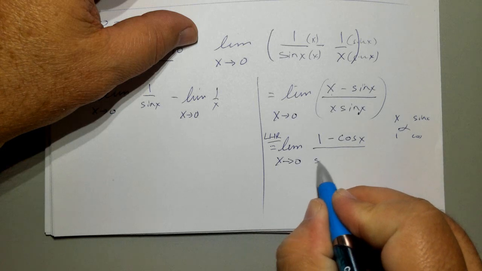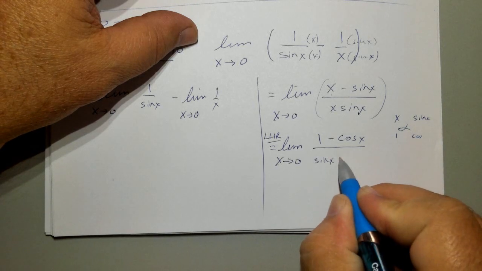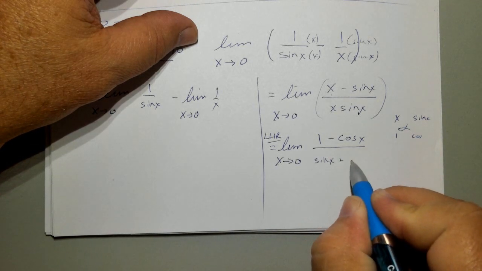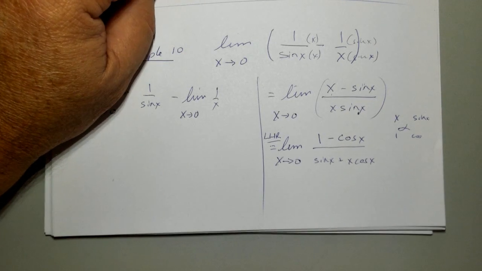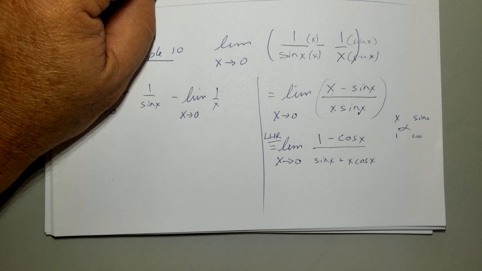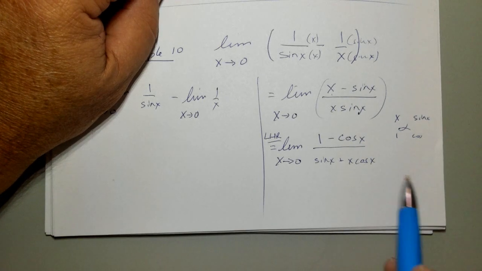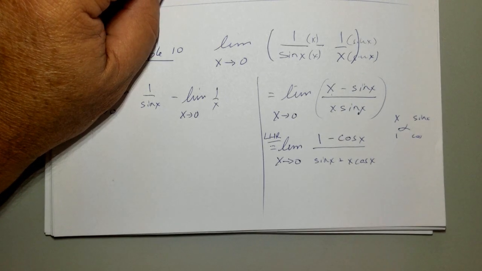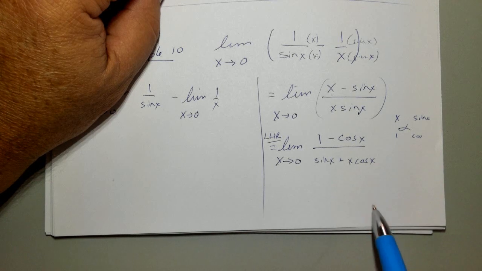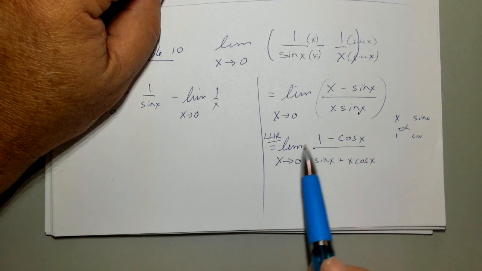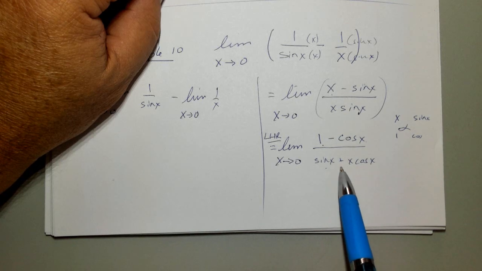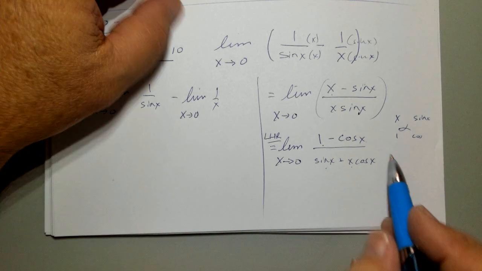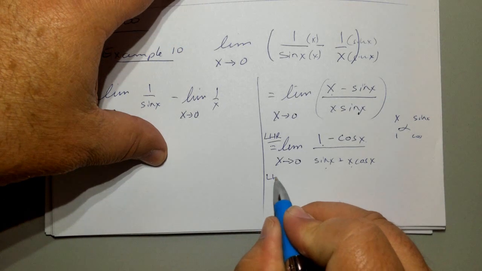So it's sine x plus x cosine x. Is that still 0 over 0? 1 minus 1. 0 plus 0. So it's still 0 over 0. So we do L'Hopital's rule again.